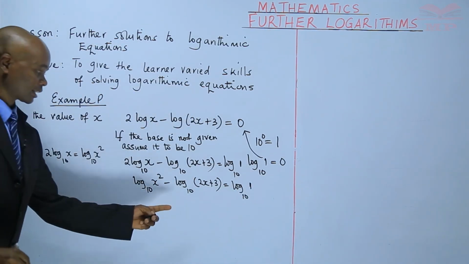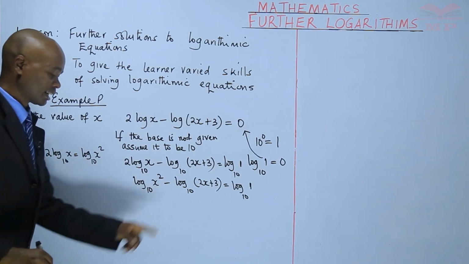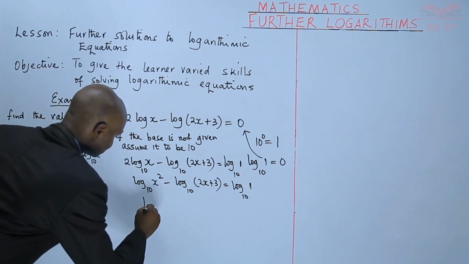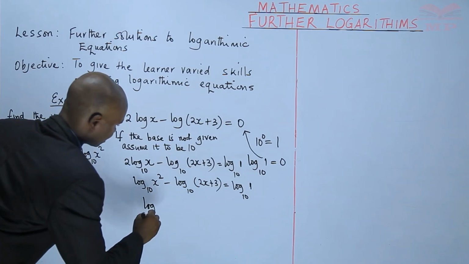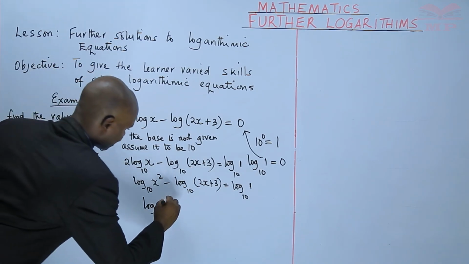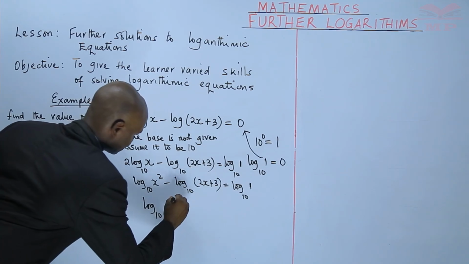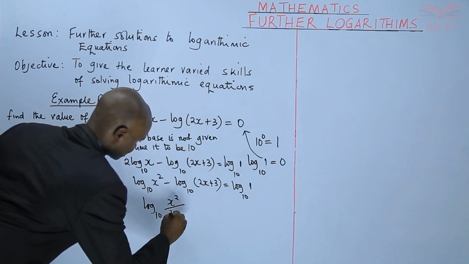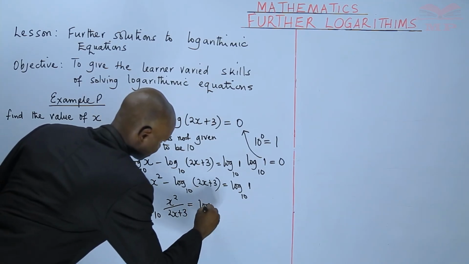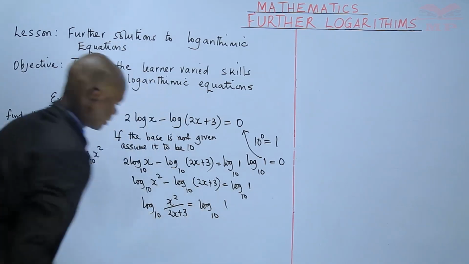By the laws of logarithms, where we have a minus, it is the same as division. So this is the same as having log base 10 of x squared over 2x plus 3 is equal to log base 10, 1.